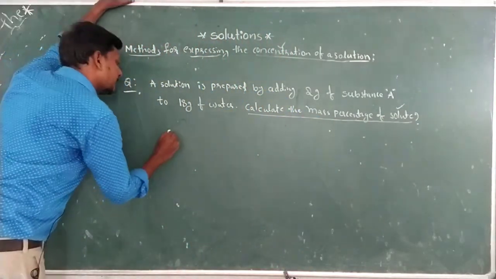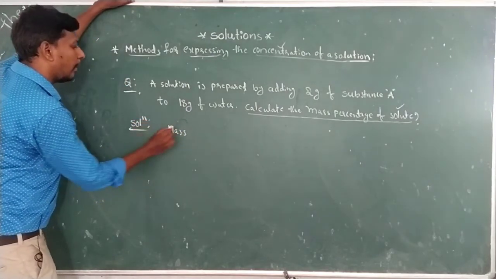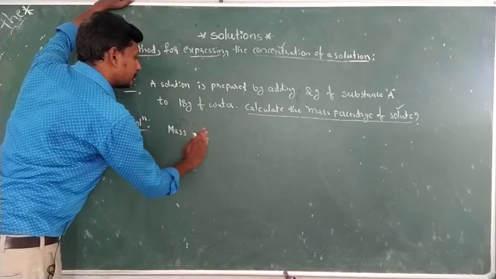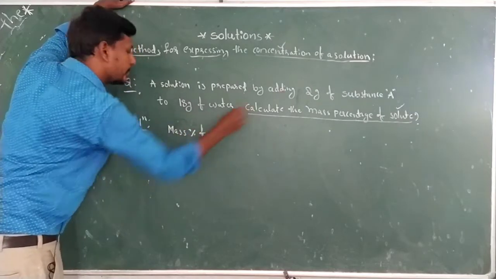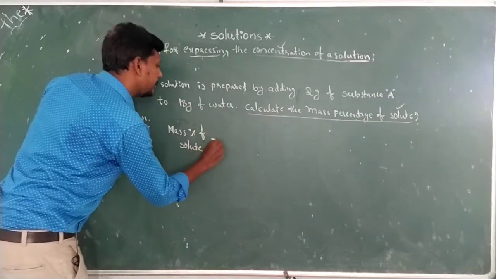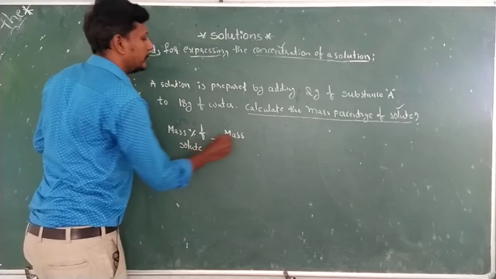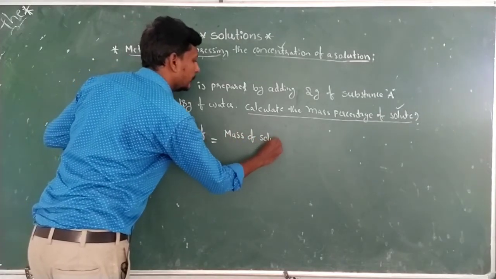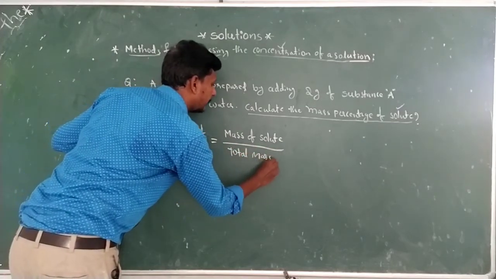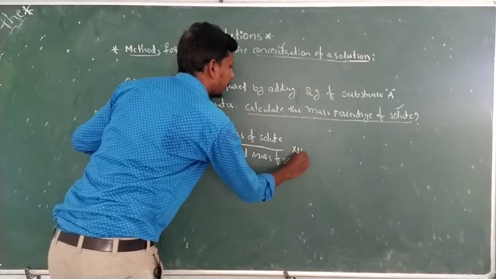What is the formula? Mass percentage of the solute is equal to mass of solute by total mass of solution into 100.